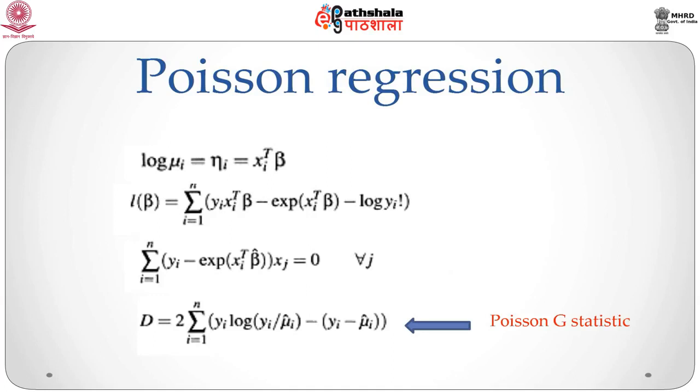Poisson regression will assume that the counts for each of the islands, say yi for the ith island, follow a Poisson distribution with mean mu i.